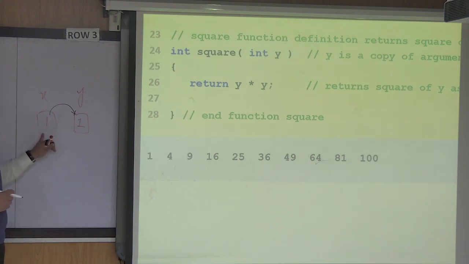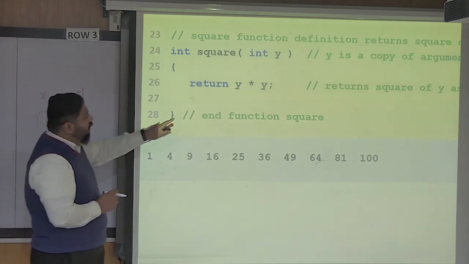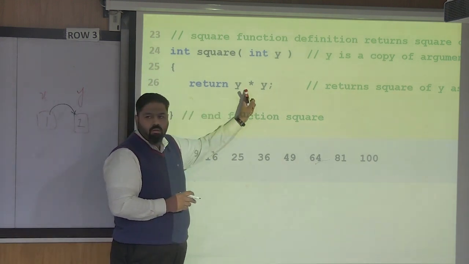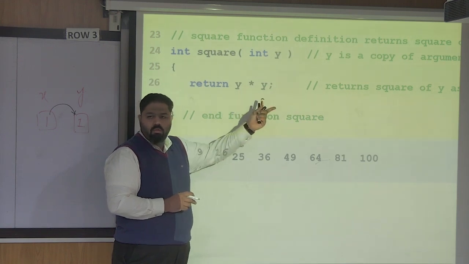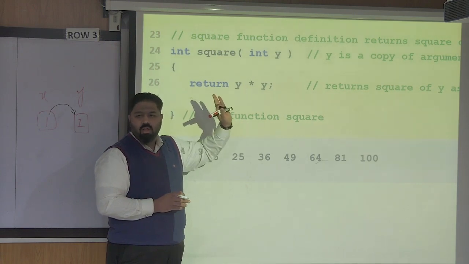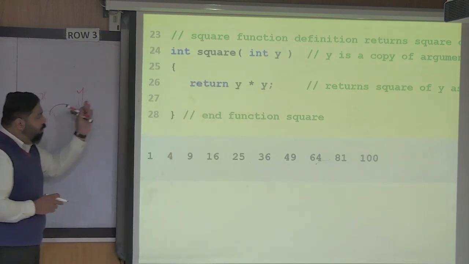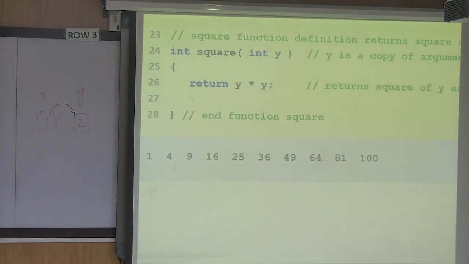A copy of this data goes over here, received by y. Now y has the data 1 times 1. Your task is accomplished. Even if you are not updating y, you are just returning 1. It will go back to line number 15 and display the result, which is 1.